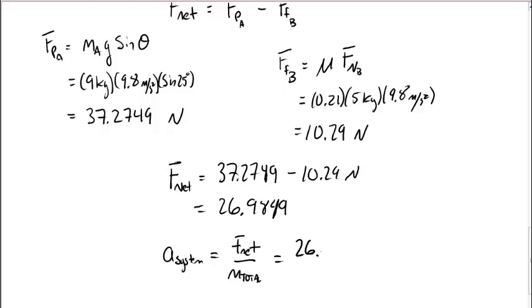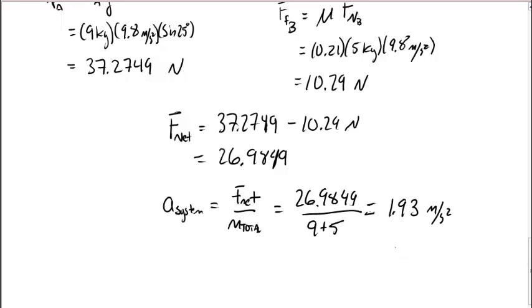We have 26.989 divided by total mass of 14 kilograms, and that works out to 1.93 meters per second squared. And I will say downhill. Give some kind of direction, to the right, downhill, and so on.